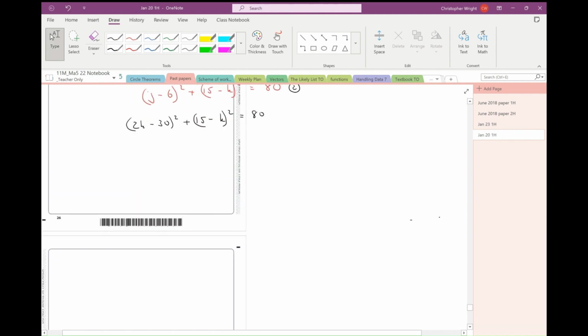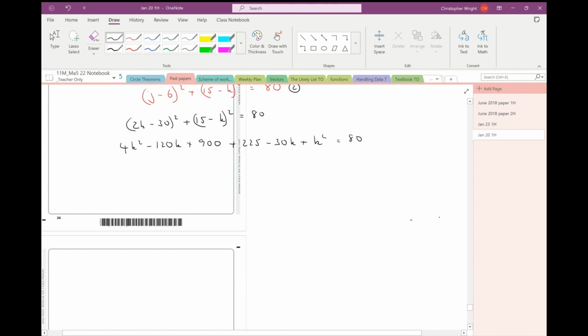Right, multiply out those brackets. Let's not mess it up. 4k squared minus 120k plus 900, plus 225 minus 30k plus k squared equals 80.